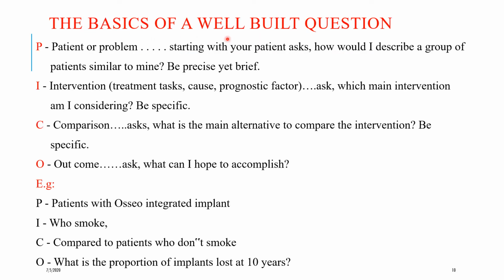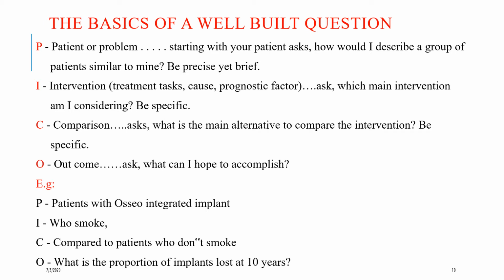The basics of a well-built question include the patient problem, that is P stands for patient problem. Starting with your patient, ask how would I describe a group of patients similar to mine, to be precise yet brief? The second is intervention, that is treatment, test, cause, prognostic factor.